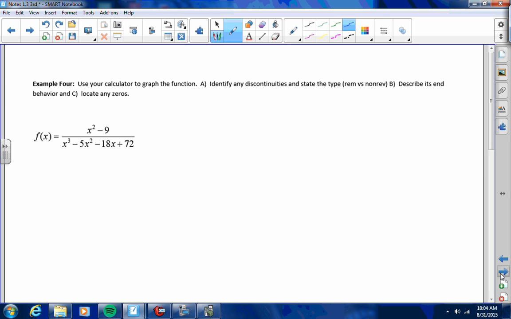Okay. Example 4. Use your calculator to graph the function. And then on part A, identify any discontinuities, state the type, removable or non-removable, describe its end behavior, and locate any zeros. All right, so let's look at the graph of this one.